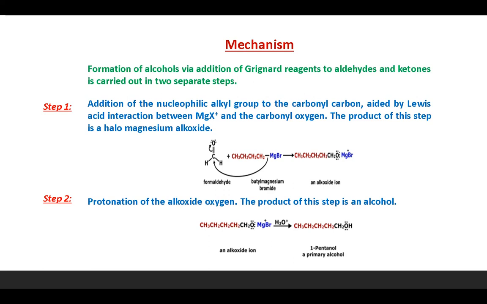As you can see here, there is an interaction between MgX+ and the carbonyl oxygen. The product of this step is bromomagnesium alkoxide. Step 2 involves the protonation of the alkoxide oxygen, and the product of this step is an alcohol.